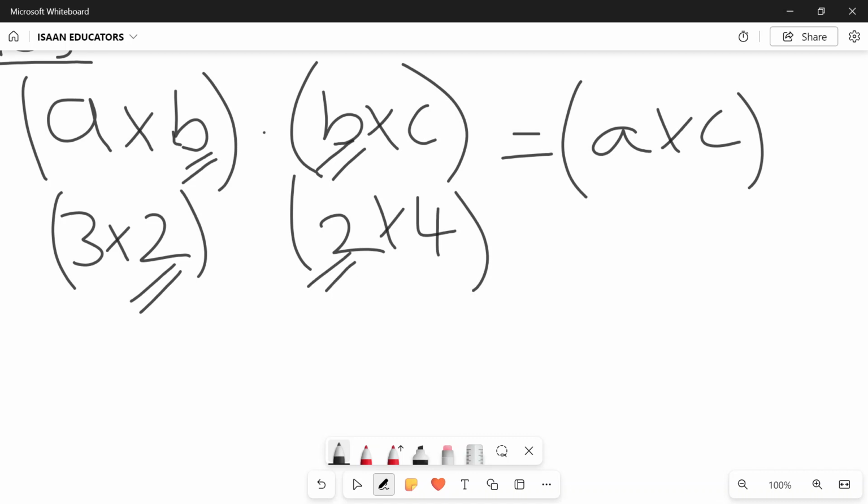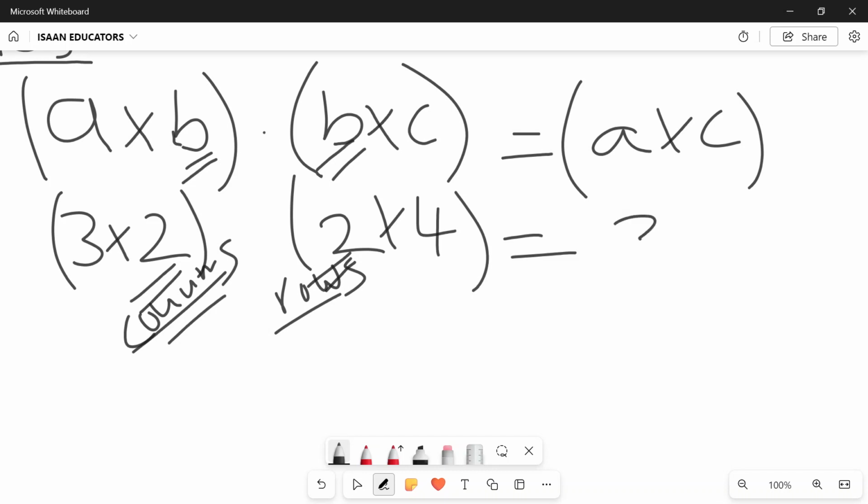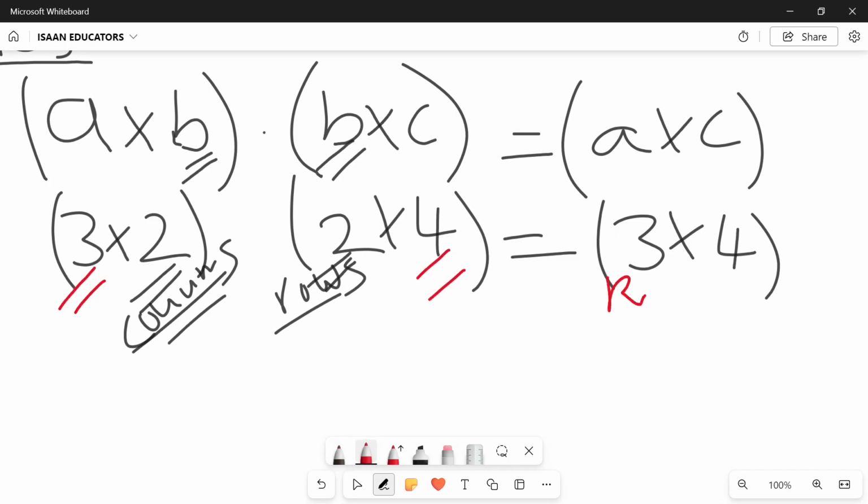Basically, this means that these two matrices can undergo multiplication, because it has an equal number of columns and an equal number of rows. So when you multiply these two matrices, the resultant matrix should be a 3 by 4 matrix. This should be the resultant matrix.